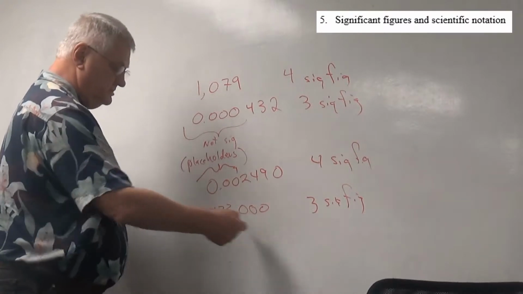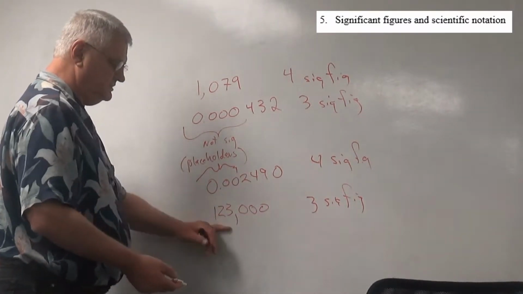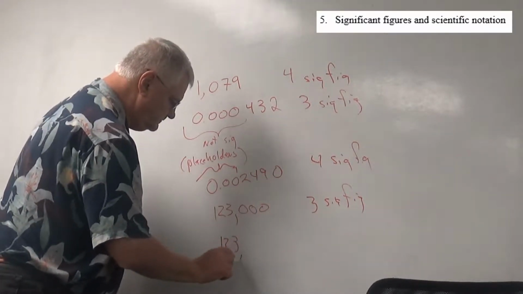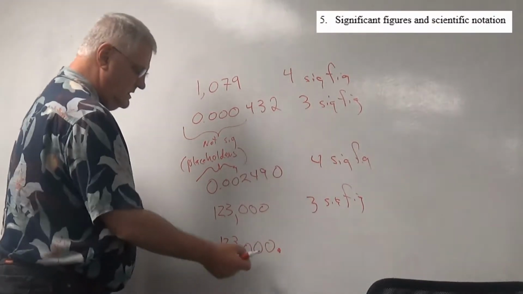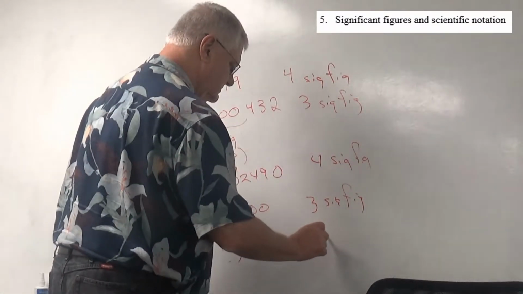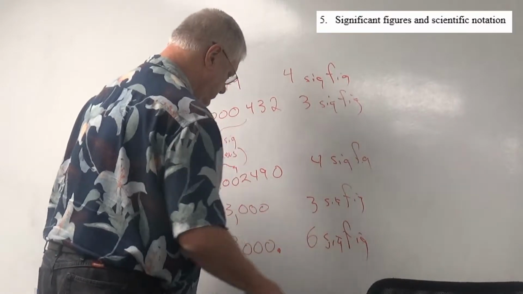They're placeholders to get the number in the right orientation. These are significant, these are placeholders. But the same number, if you put a decimal point, now these zeros are significant. And this would have 6 significant figures, all of them. Everybody see that?